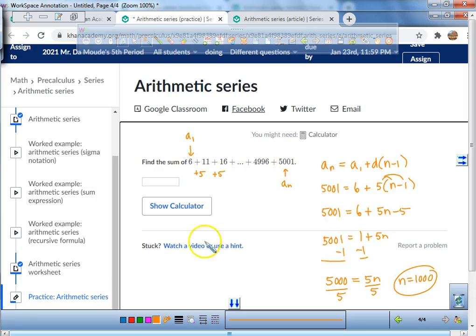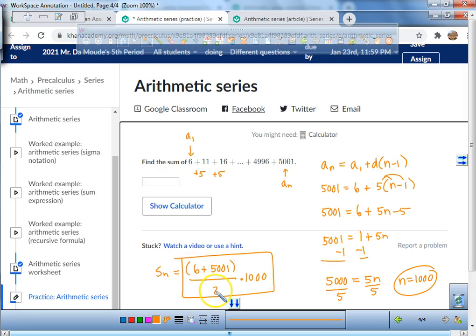There's 1,000 terms. So now we use our summation formula, our arithmetic series formula, which is the first term plus the last term, divided by 2, times 1,000. So I've got to type this in the calculator.